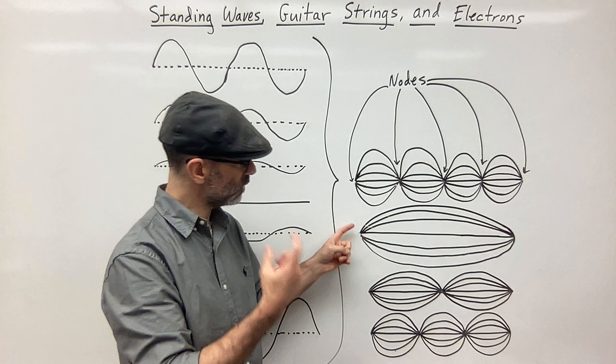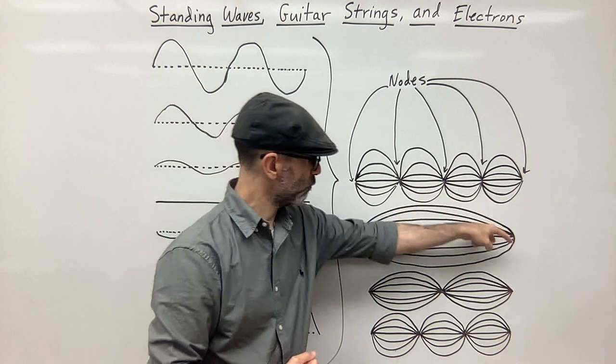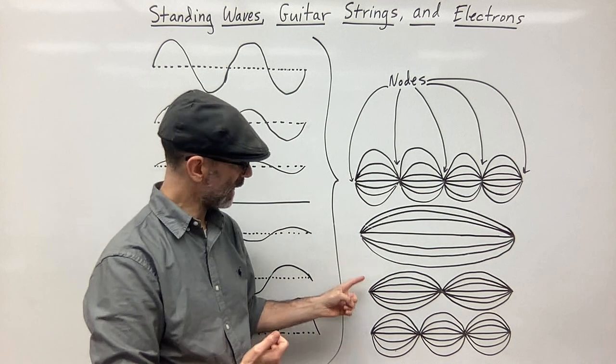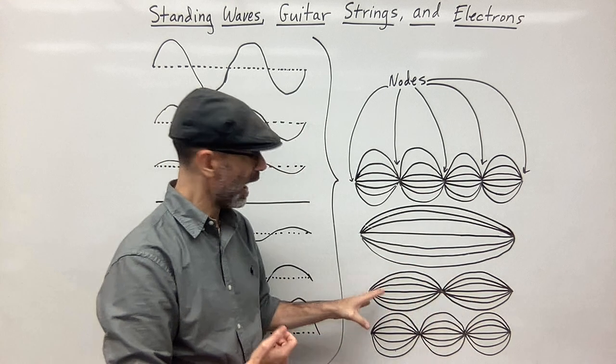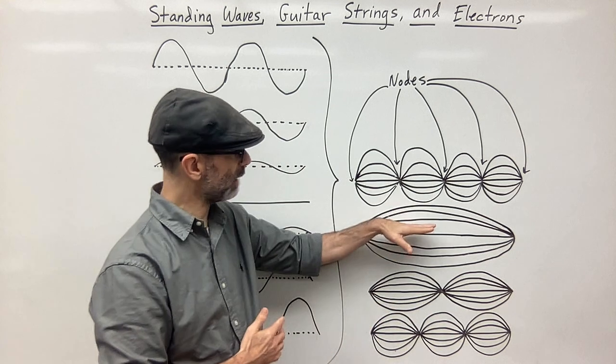So if I pluck the string with a certain amount of energy, I can get a half a wave. If I pluck it with another amount of energy, I can get two half waves. I am not able to get anywhere in between that.